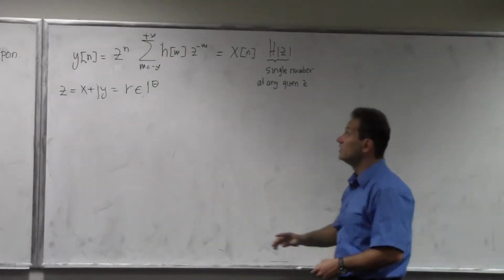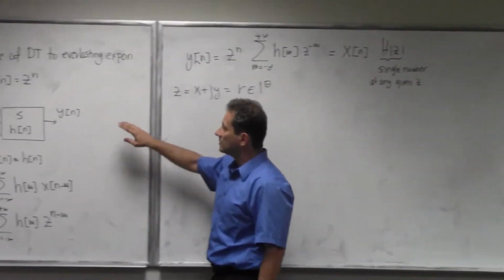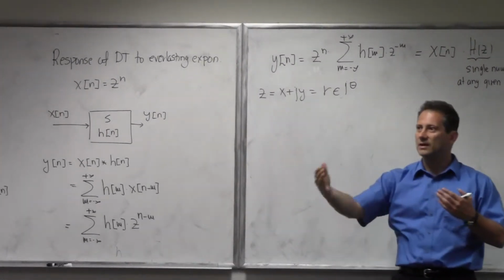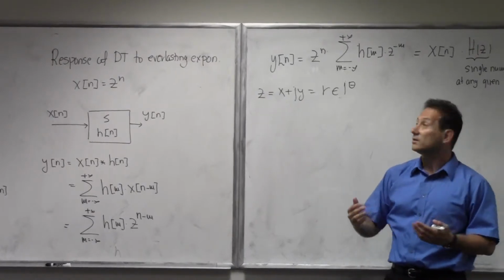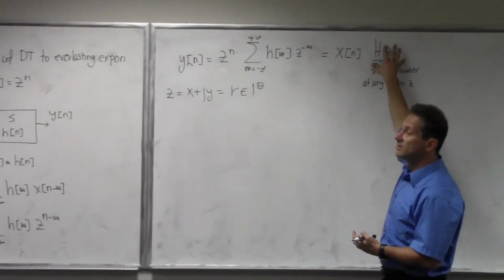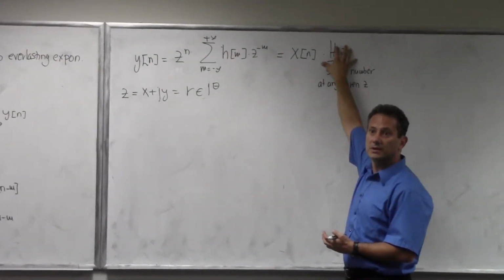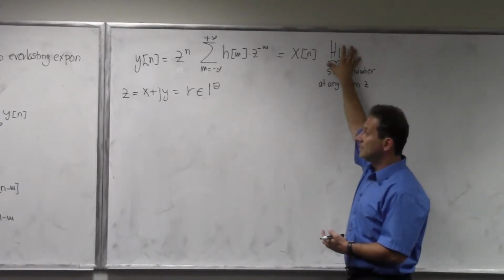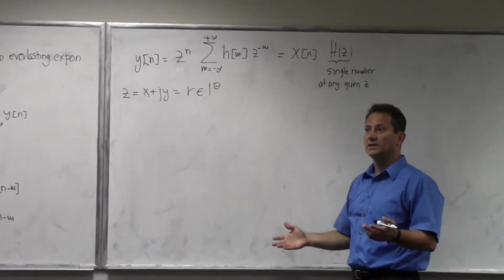So this function, z to the n, when it comes to discrete time systems, is a special function. This function you feed in, you get the same function out, albeit it is scaled by some complex number. It is multiplied by some complex number. This h of z is going to have its magnitude and phase.